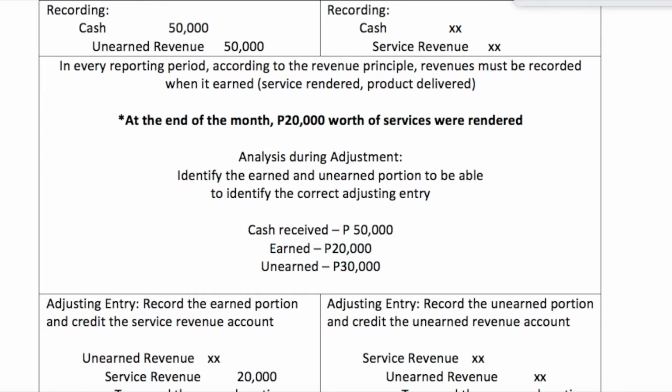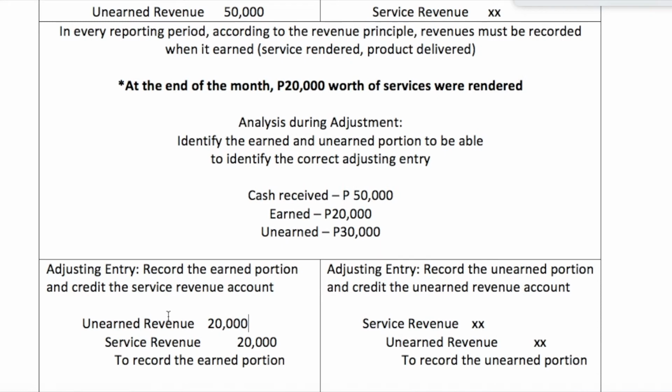So its partner is the original liability that you use, which would be unearned revenue, 20,000. If you try to look at the effect of this adjusting entry at the end of the period, our service revenue will increase to 20,000, which is correct since we have earned it already.